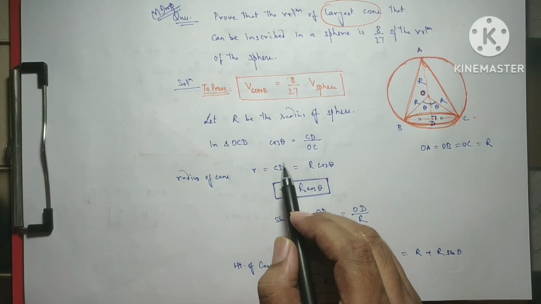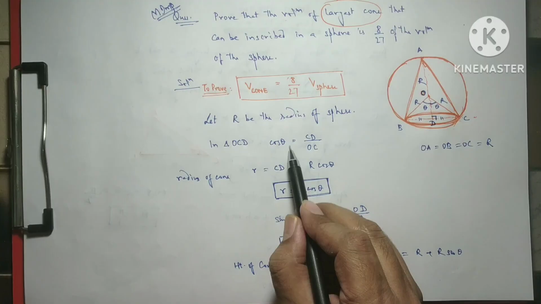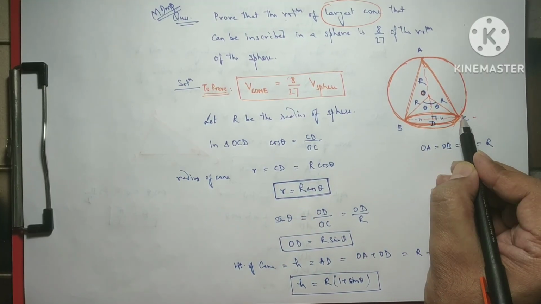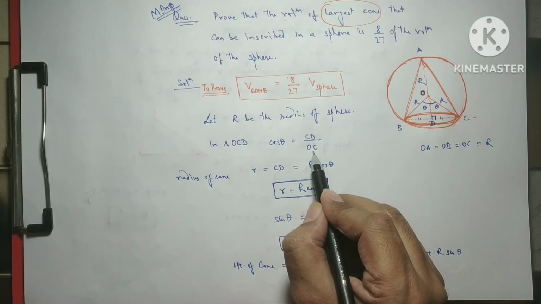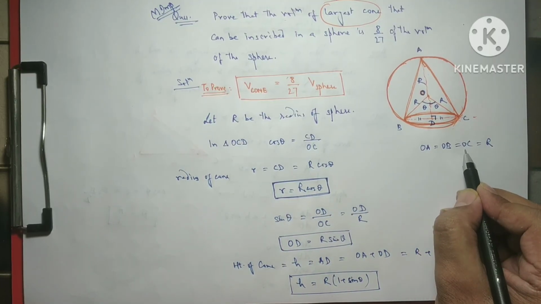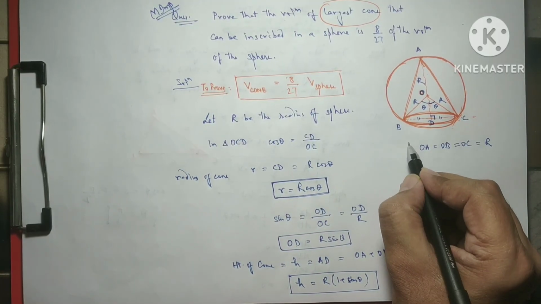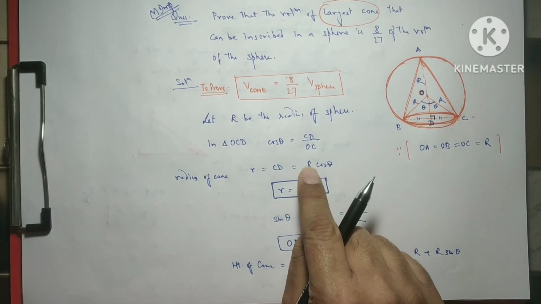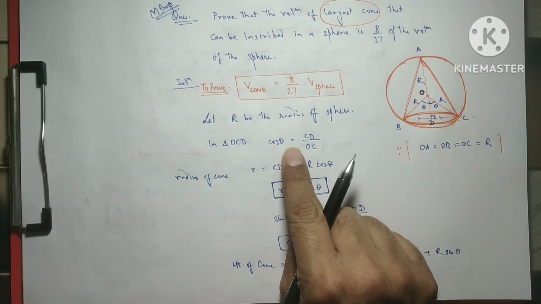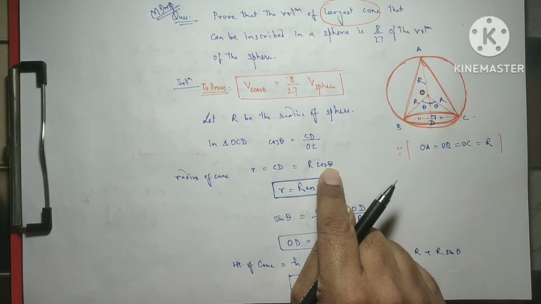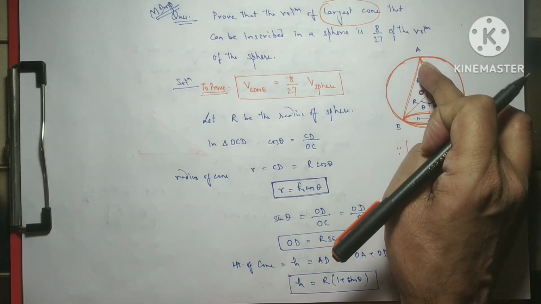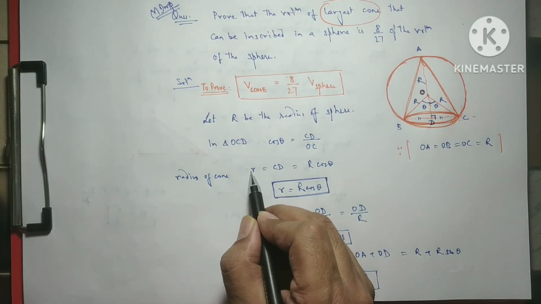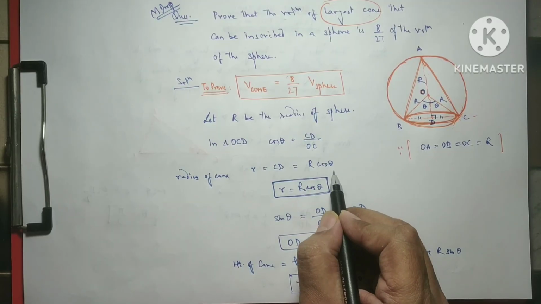According to this triangle, cos theta equals base over hypotenuse, so CD over OC, and OA, OB, OC are radii. So if it is radius R, CD equals R cos theta, and CD is the radius of this cone. So let us consider the radius of the cone is r, so small r equals R cos theta.